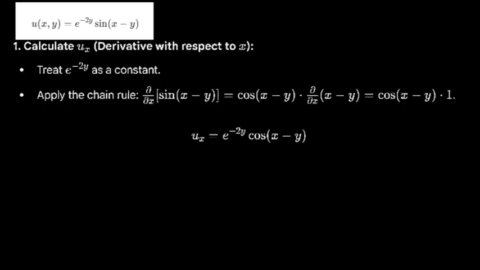If you look closely, we have e raised to power negative 2y, which doesn't contain x. Remember, we are differentiating with respect to x, so we can treat that as a constant and extract it outside. So it becomes e to the negative 2y, then we find the partial derivative of sin(x minus y).